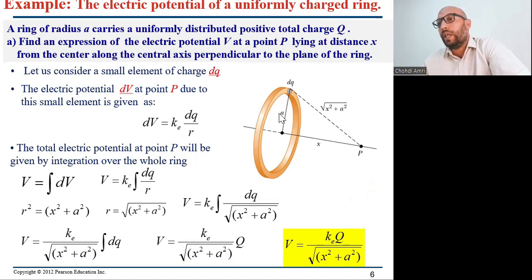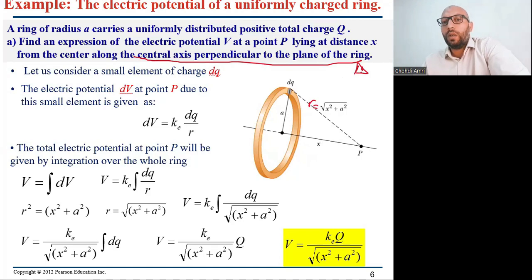The radius of the ring is a, and you have a point P. This point P is at a distance x from the center of the ring, on the central axis perpendicular to the plane of the ring. Why is this very important? Because we will get an idea about the distance r from the charge dq to the point P.